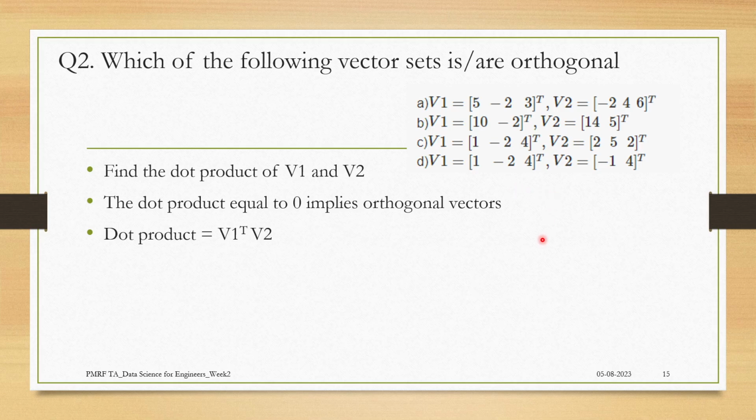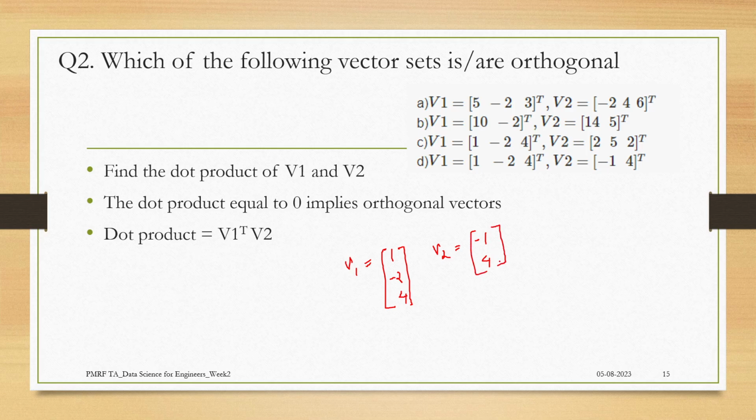Here V1 is given as 1, 2, minus 2, 4. Then V2 is given as minus 1, 4.